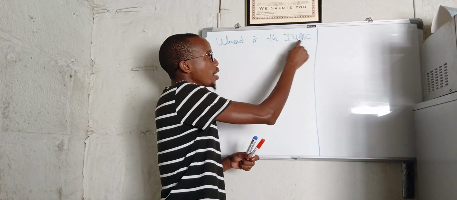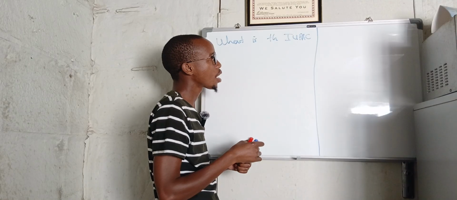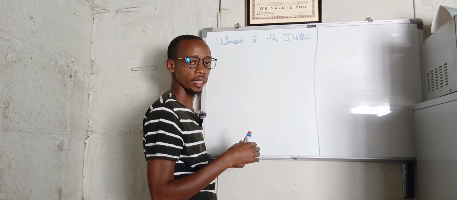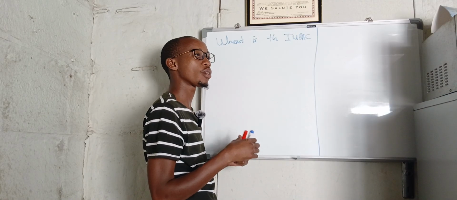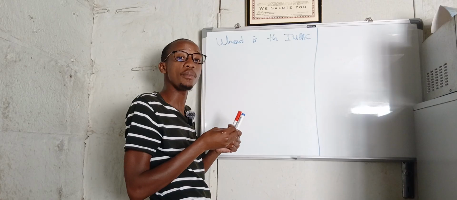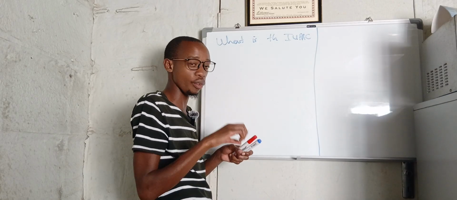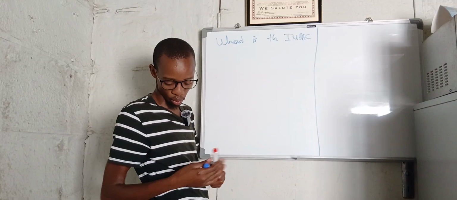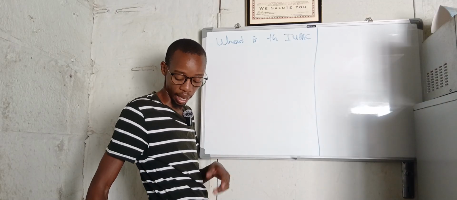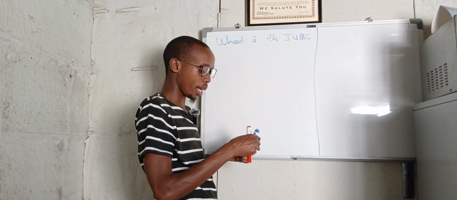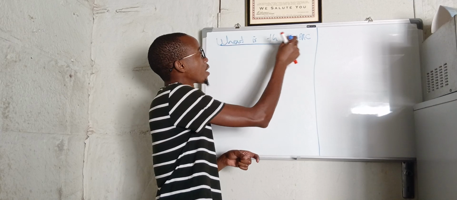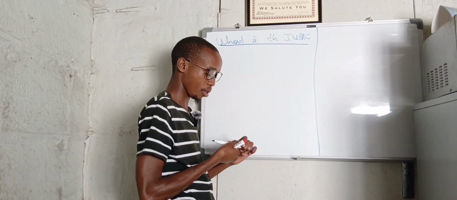Meaning, when you see this abbreviation, IUPAC name, just know, fella, they want you to give us the name of a compound that has been placed before you. So you know what to do basically. After I've shown you here, you'll be able to understand what the examiner expects of you.